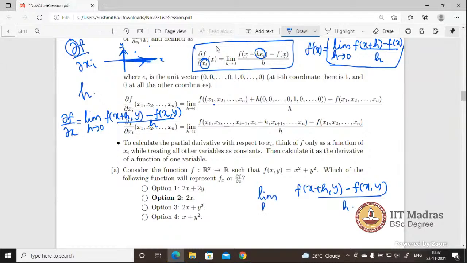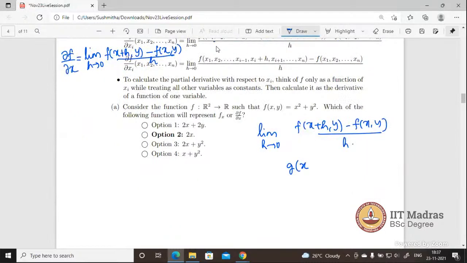But I can write g of h as f of x plus h comma y, right? I can define a function g as this. Can I? I'm just defining f of x plus h comma y to be g of h.